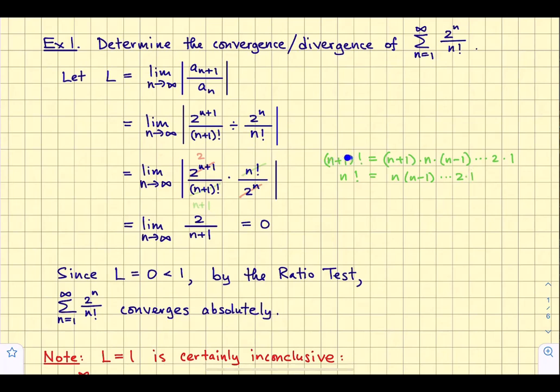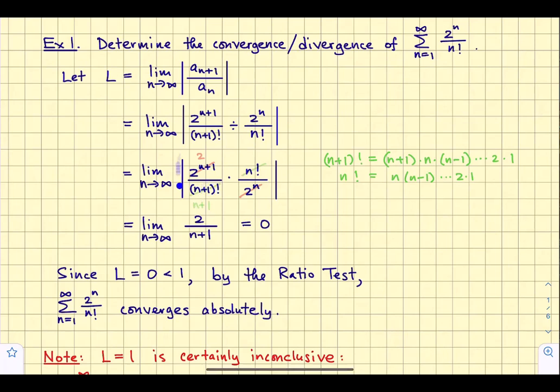So n plus 1 factorial is just going to start at n plus 1 and count down. And notice, once it counts down once, it will get to n and then keep counting down. So all of these terms are the same. And so we'll just factor the n times n minus 1 all the way down to 2 and 1 here with those same terms here, and we're just left with an n plus 1 without the factorial.